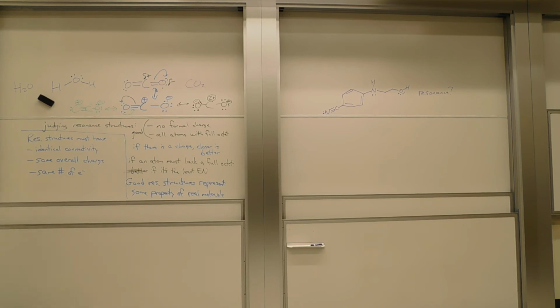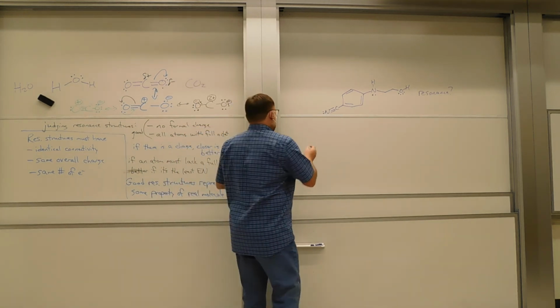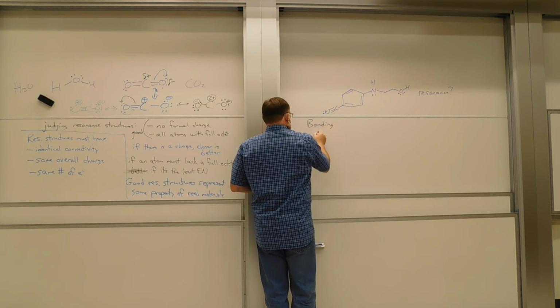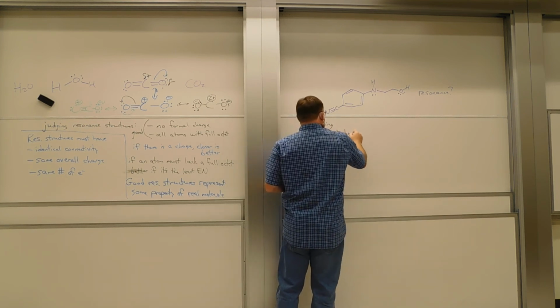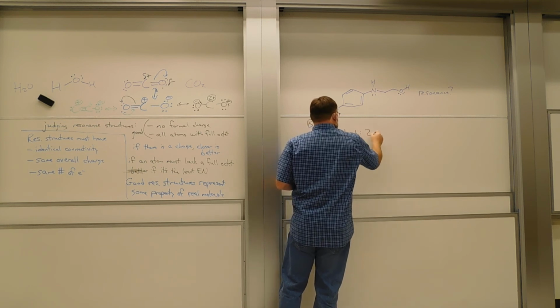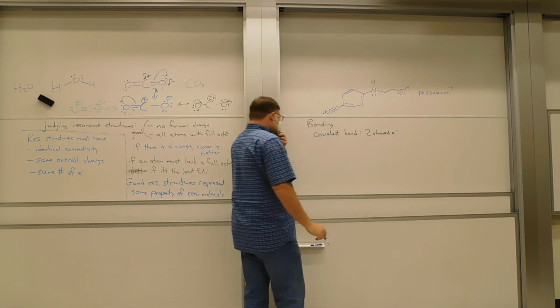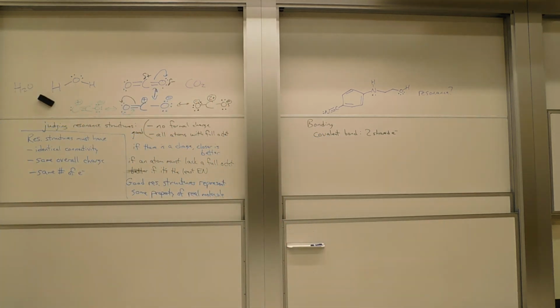So let's talk about bonding a little bit. All right, a covalent bond, I've said, is 2 shared electrons.